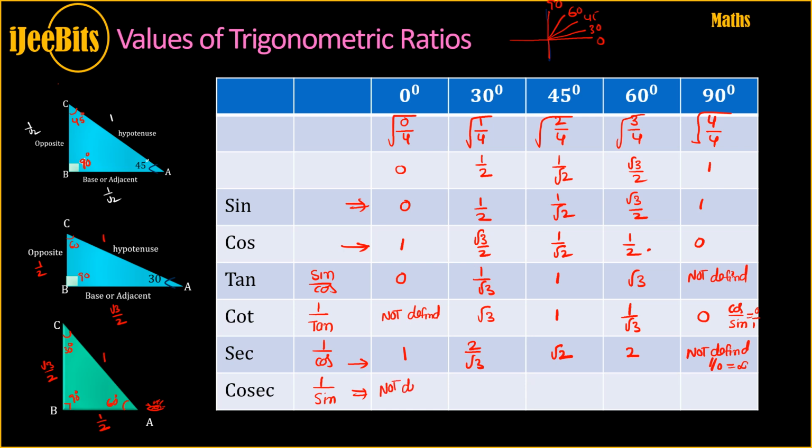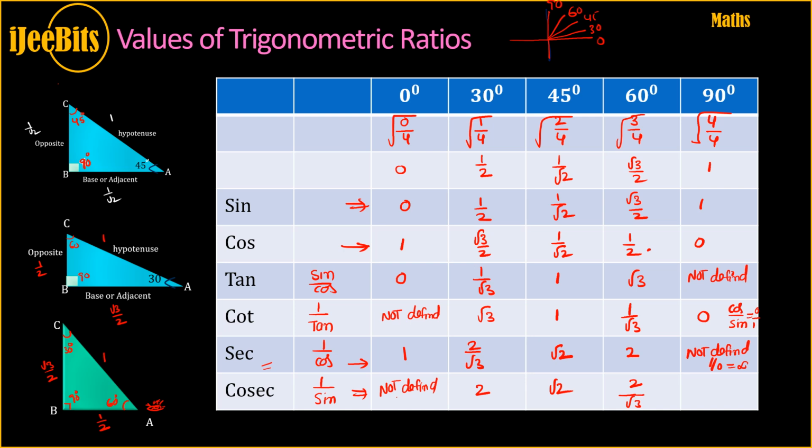Again, there is a magic also. You know the secant, right? All the values in the secant table can be reversed in the cosecant. Not defined becomes not defined, right? And then you put the values here. What is the value? 2, right? You can put root 2 back again. This is 2 by root 3.